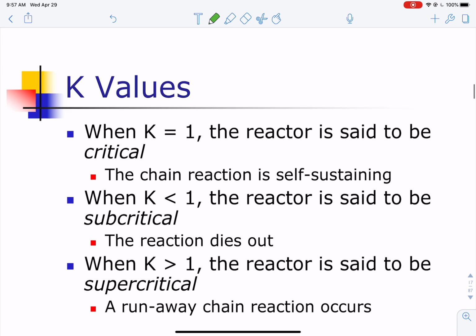But again, the whole key to operating a nuclear reactor safely is this K value. We want to produce about as many neutrons as we need to strike uranium-235 or plutonium-239 nuclei to keep the reaction going.